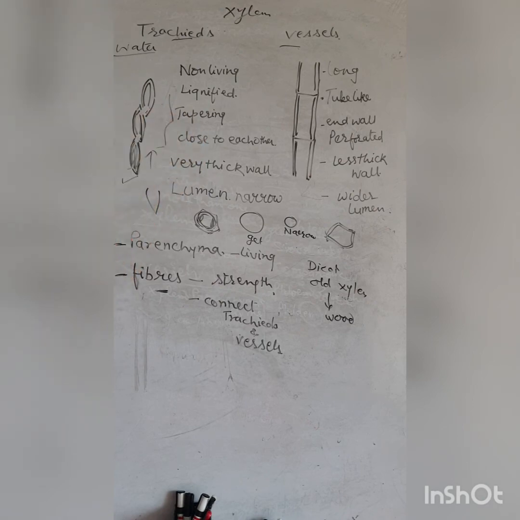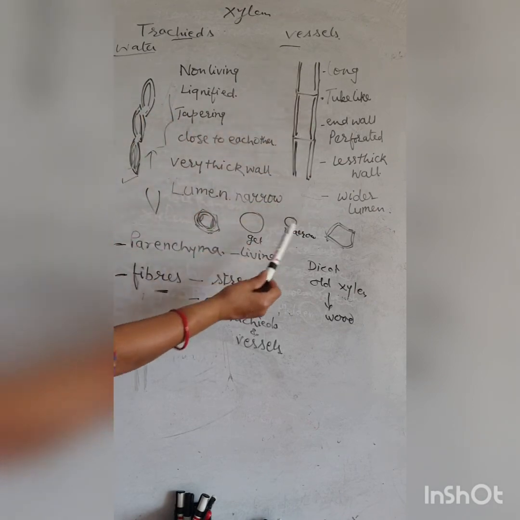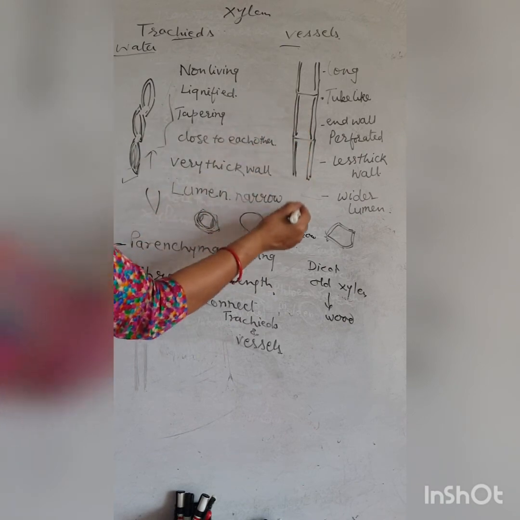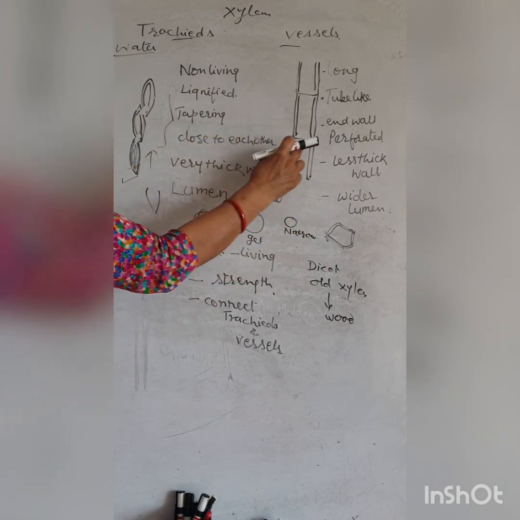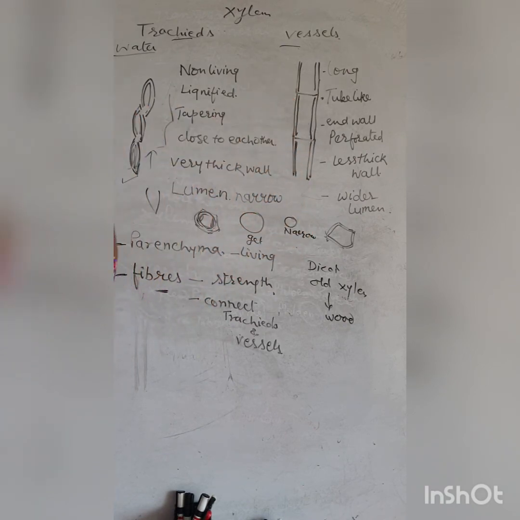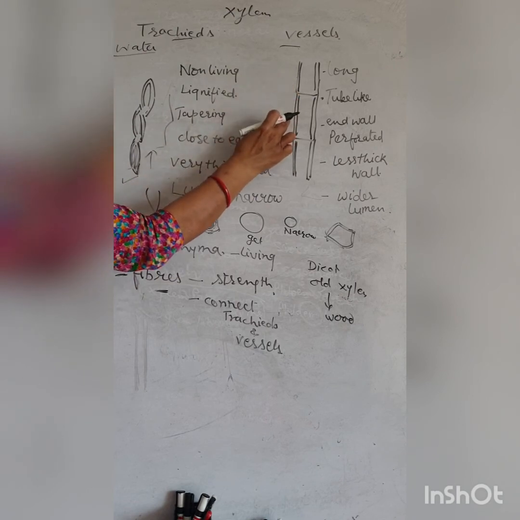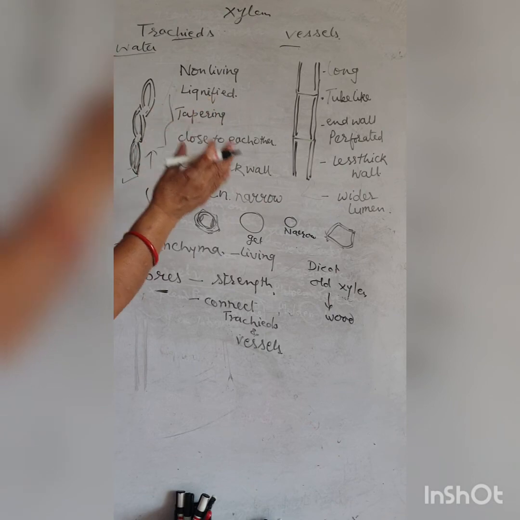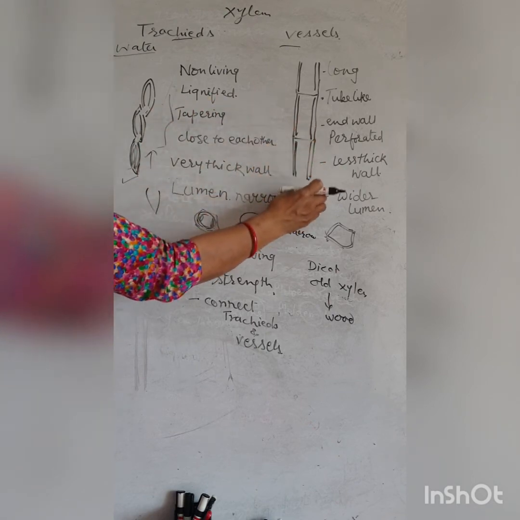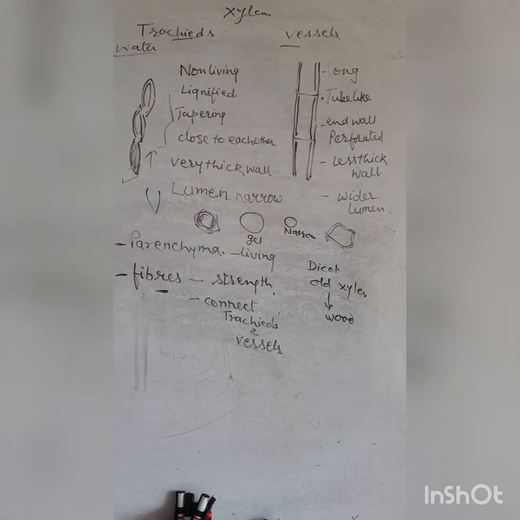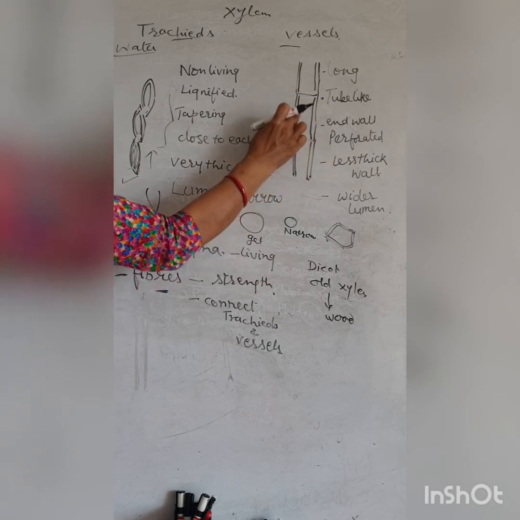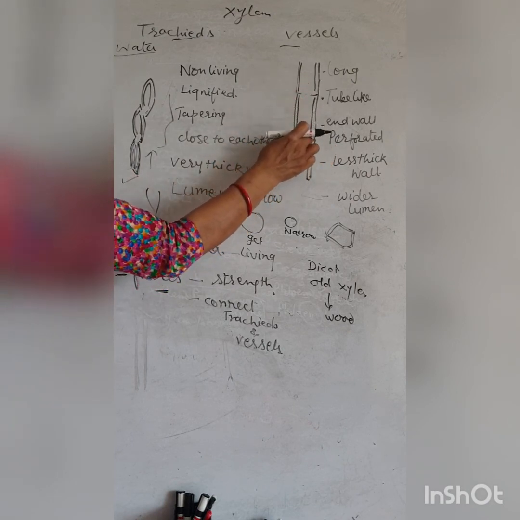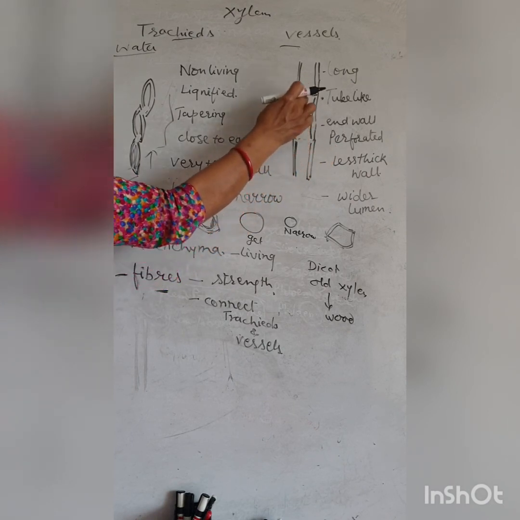The vessels are tube-like, pipe-like, and long. For example, one vessel is there, another vessel is there, and another. When we attach long pipes, the pieces are joined together and their end wall is perforated, with pores there.